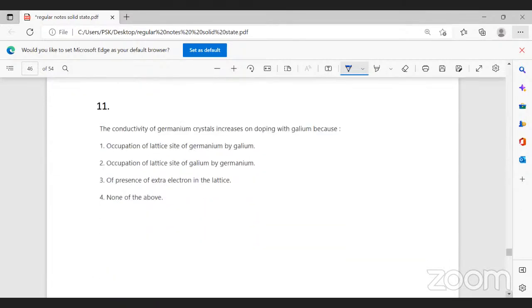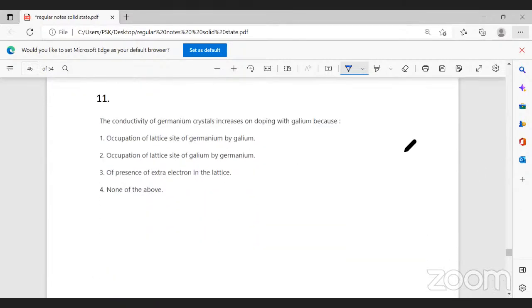Yes, sir. The 11th question. The conductivity of germanium crystal increases on doping with gallium because: occupation of lattice site of germanium by gallium, occupation of lattice site of gallium by germanium, presence of extra electron in the lattice, none of the above.